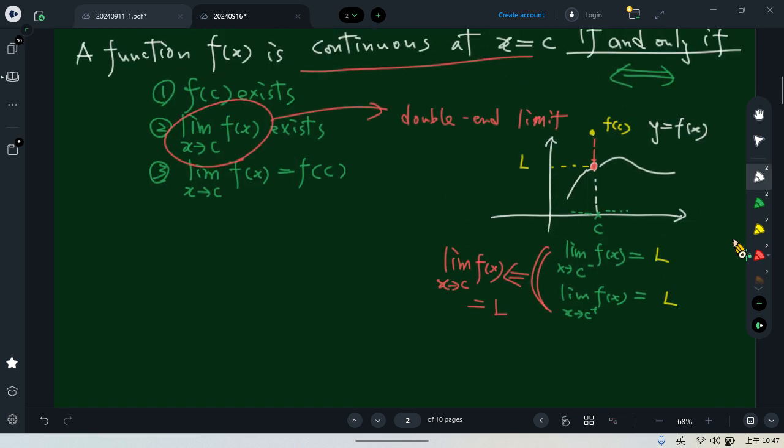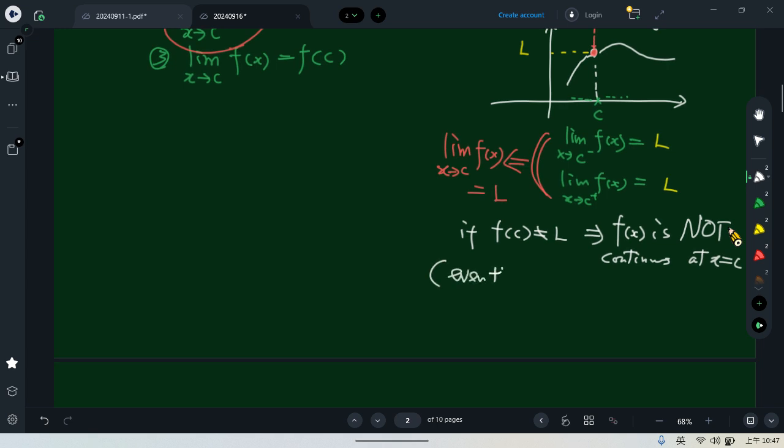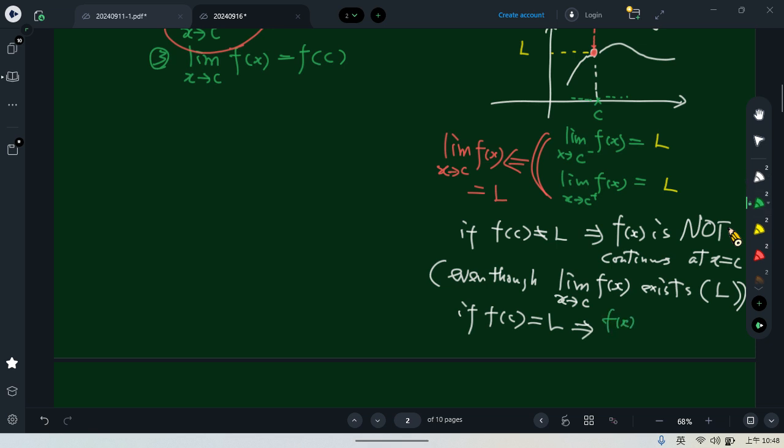So that means if f of C is not equal to L, then we will say f of x is not continuous at x equal to C, even though the limit as x approaches C of f of x exists, and its value is also L. If f of C is equal to L, then we will say f of x is continuous at x equal to C. So think about that.